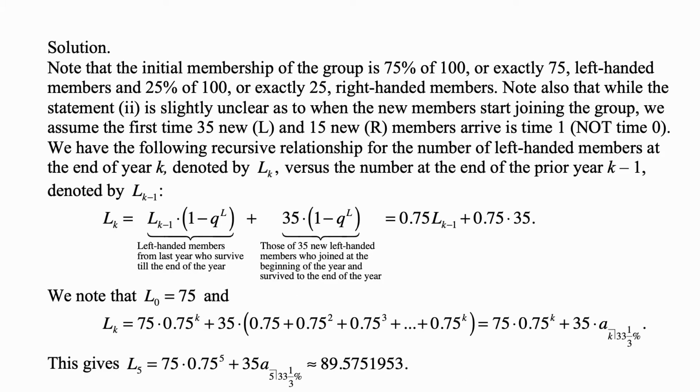And here's the solution. Note that the initial membership of the group is 75% of 100, or exactly 75 left-handed members, and 25% of 100, or exactly 25 right-handed members.